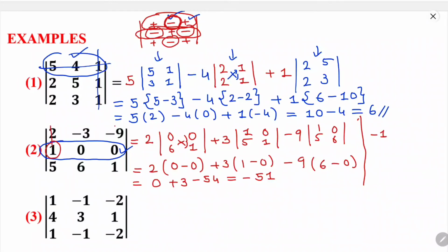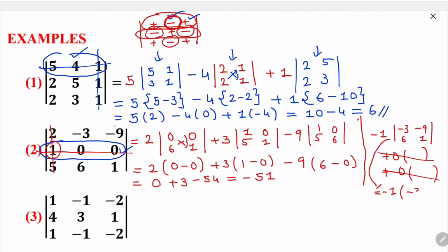So minus 1, hide 1, what you see is minus 3, 6, minus 9, 1, right? Now plus 0 and hide 0, but 0 into something is always 0, plus 0 into something is always 0. So these two terms get cancelled out. Solving this term, what we get, minus 1 into minus 3 minus 9 into 6 is minus 54, right?